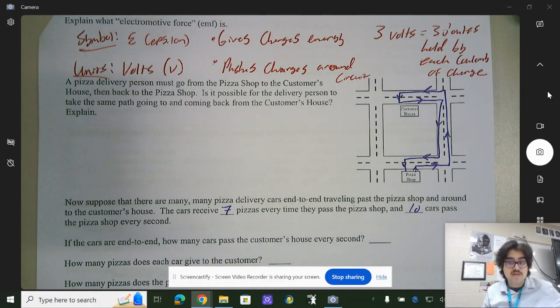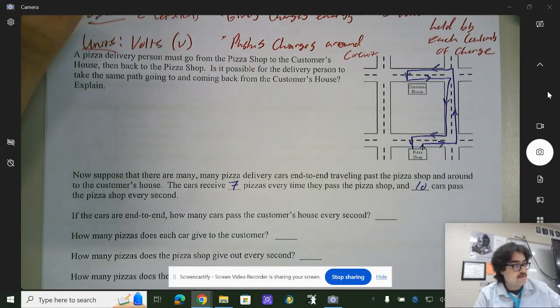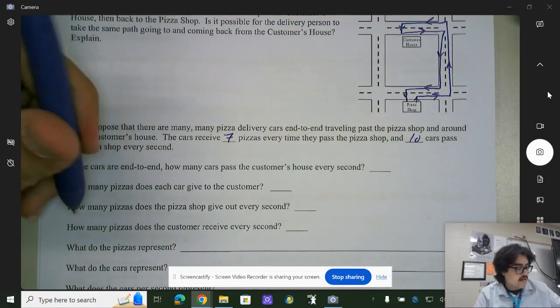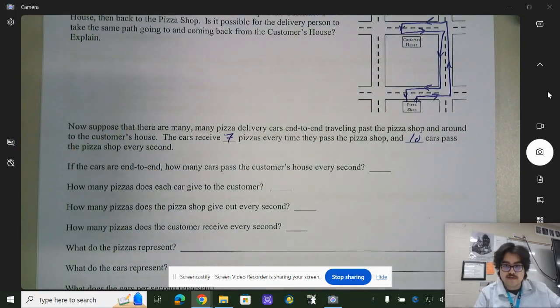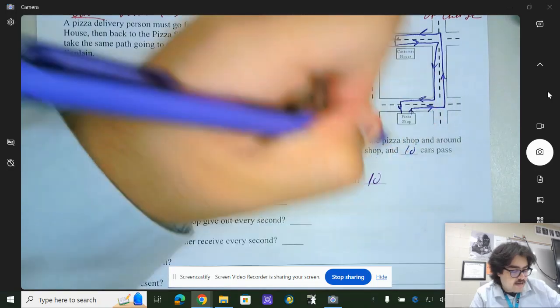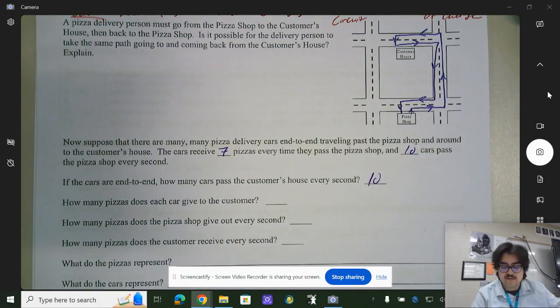So they're going really, really fast. If the cars are end to end, bumper to bumper, basically attached at the bumper, then how many cars pass the customer's house every second? Well, if 10 are passing the pizza shop every second, 10 should be passing the customer's house every second as well.